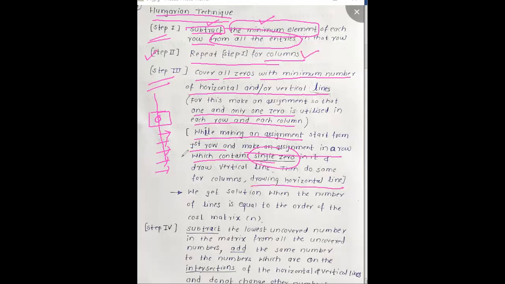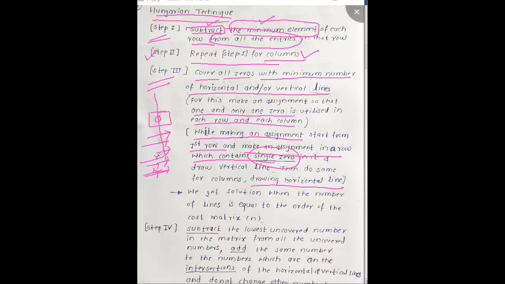So when we search a single zero in the first row, second row, third row, and say there are 5 rows, search the single zero in all the 5 rows. Then after that, look at the columns containing single zeros.